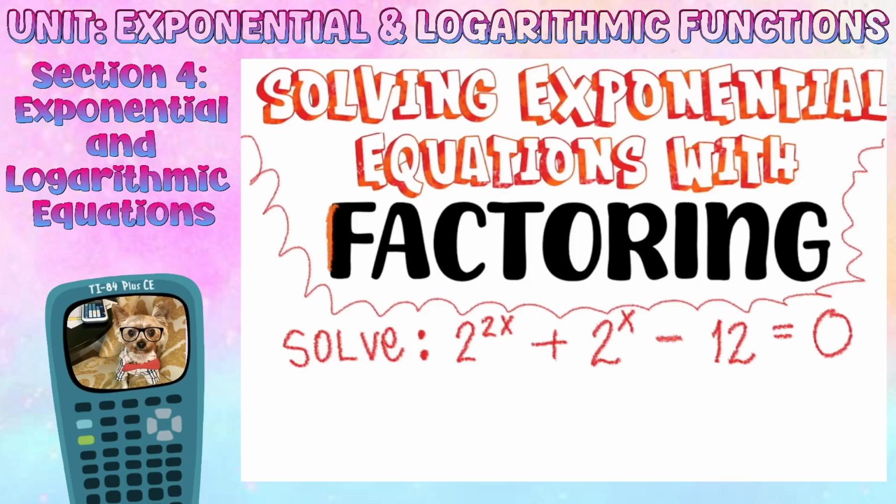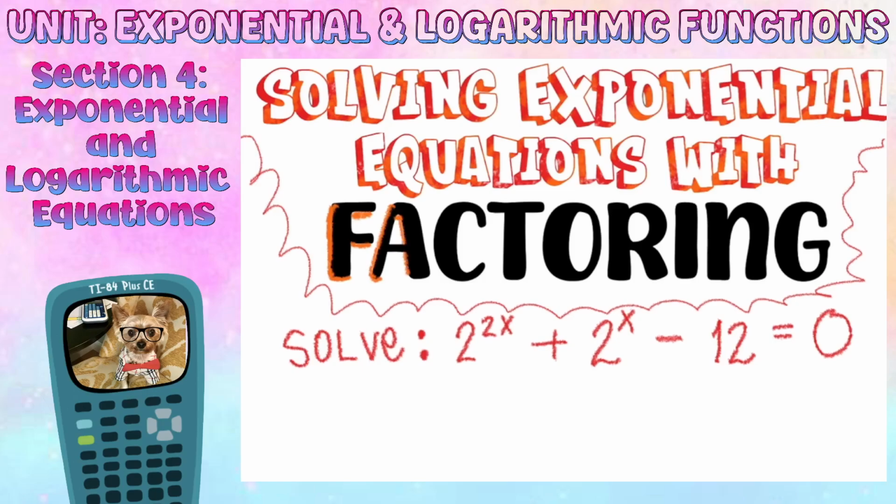So when you have an example in the form that I have on the screen right now, 2 to the 2x plus 2 to the x minus 12, and people go to factor it, they know they should be factoring to solve one like this.